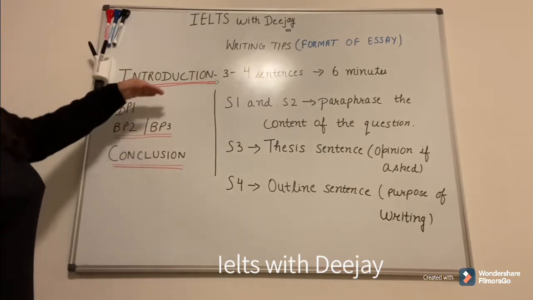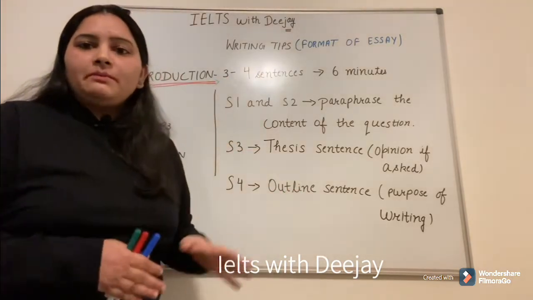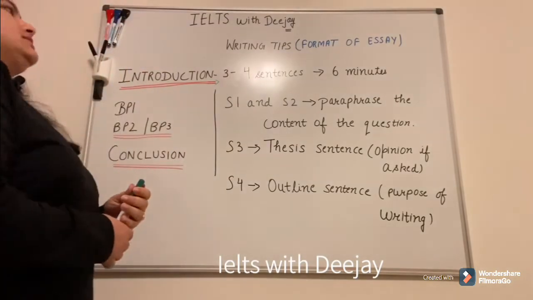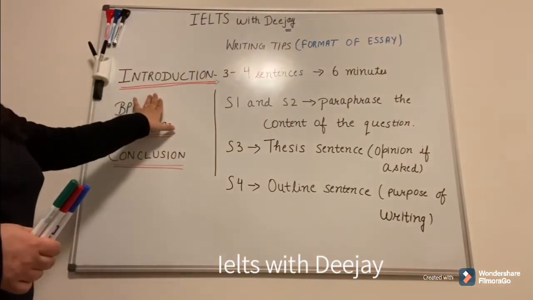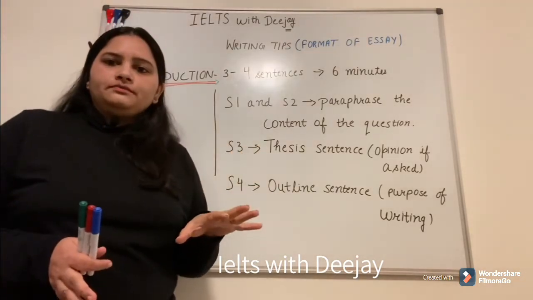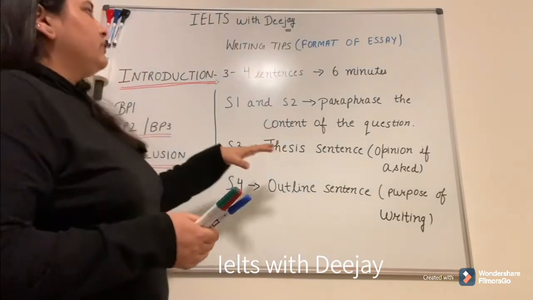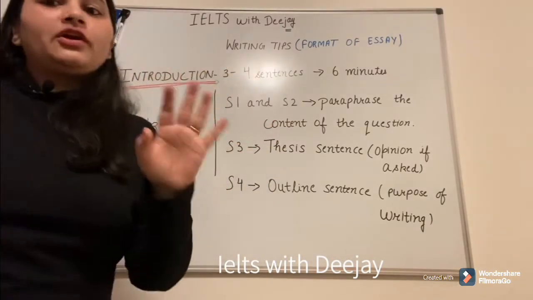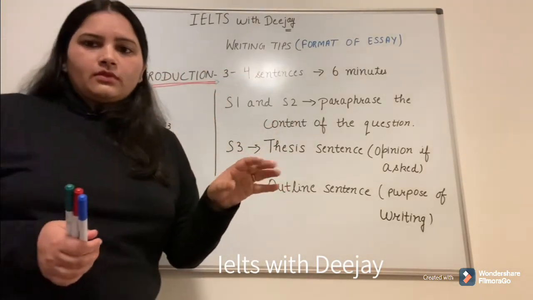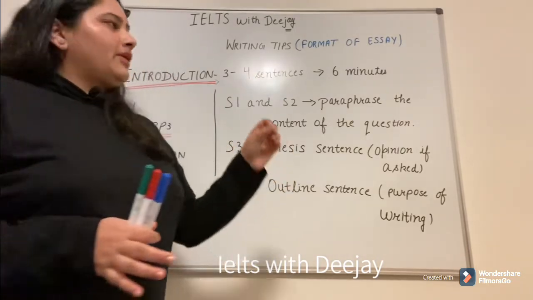What and how to write the introduction, what should be there in the introduction, this is the main thing. In the introduction, when you read the essay, you come to know which essay is there and what you have to write in it. We have to spend 40 minutes on task 2. We all know that we have 40 minutes to attempt our writing task 2.